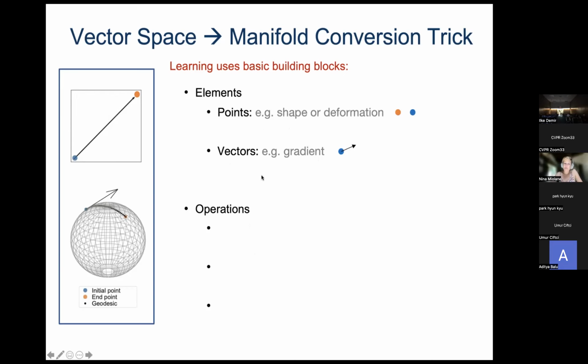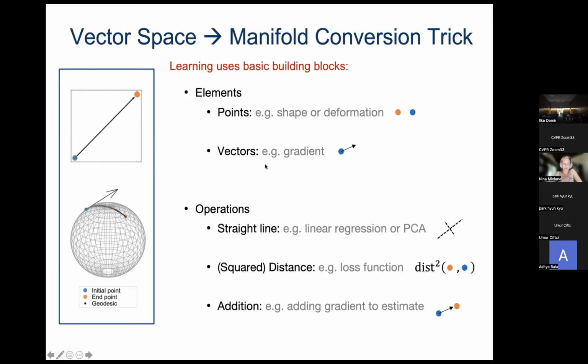And then in terms of operations, there are three operations that come over and over again in these algorithms, which are computing a straight line, computing a distance, and performing an addition. Straight line: in linear regression or principal component analysis, we are using straight lines. So we need a way of computing straight lines.